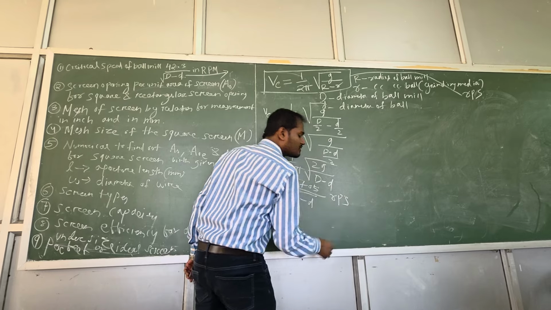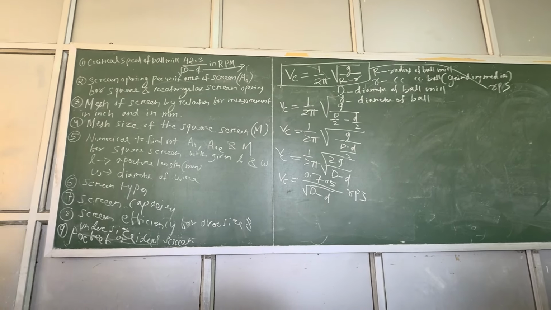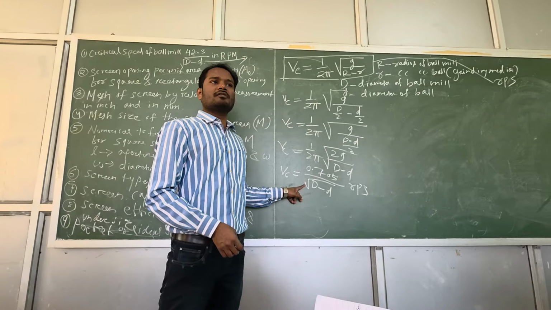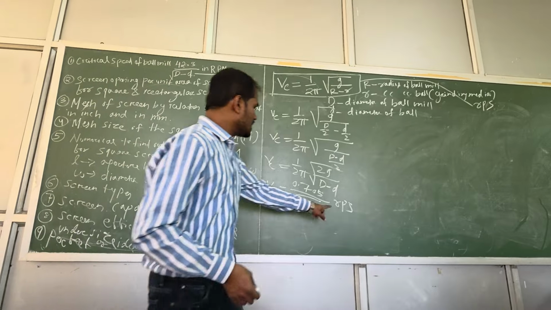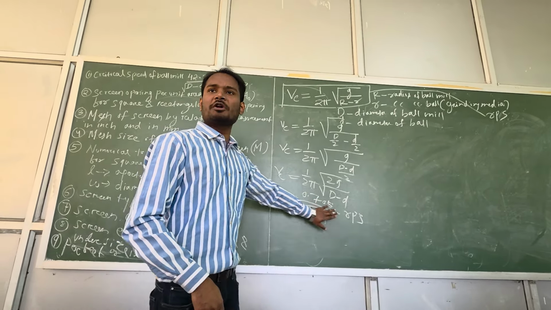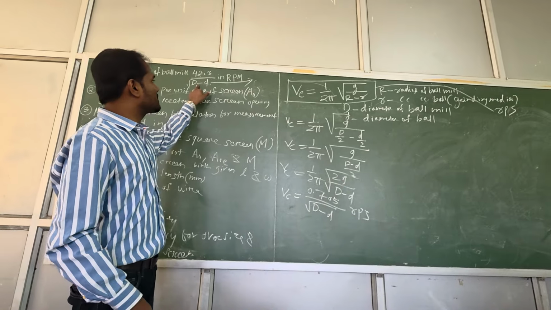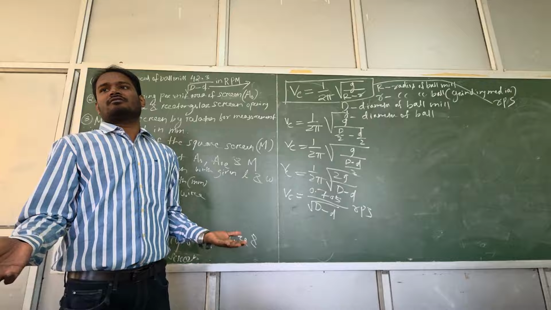Yes, fine. This expression is still now in revolution per second. But finally we want this expression in terms of diameter, but in revolution per minute. Simply we need to multiply by 60. That's all. Done.